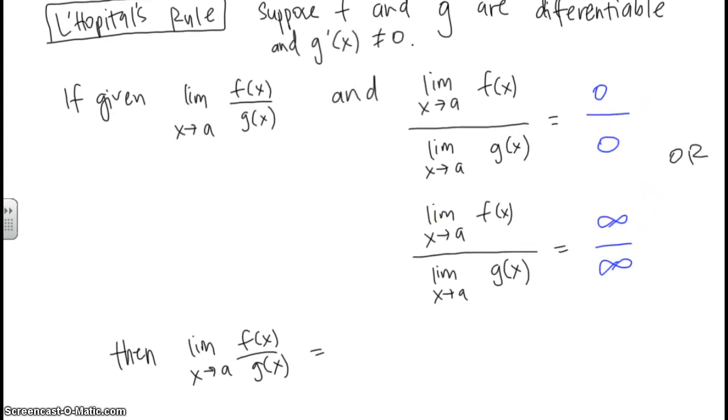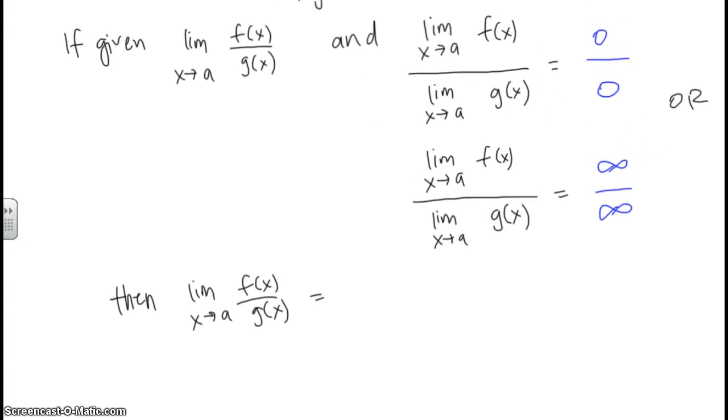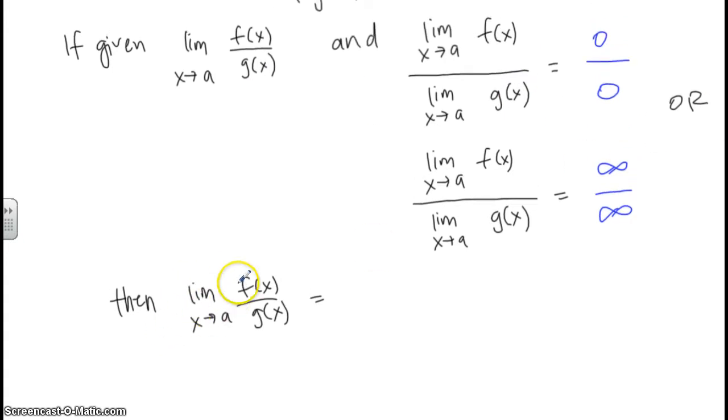These are my two indeterminate forms of a quotient. Then L'Hôpital's rule tells me I can find the limit of this quotient by taking the derivative of the top and the bottom separately. So this is not the quotient rule.